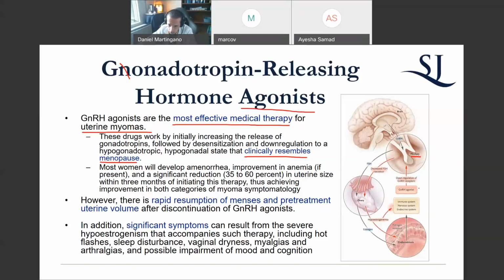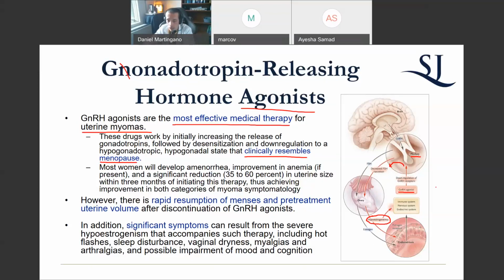So what this diagram is showing you is that when you use the GnRH agonist, prolonged use will cause a downregulation of the GnRH receptors, and then that will lead to decreased FSH and actually causes hypoestrogenemia because it shuts down the ovary. And then that will deprive the patient's circulation of estrogen, and because your fibroids are responsive and dependent in some way on estrogen, they'll shrink. So that'll help resolve the symptoms.